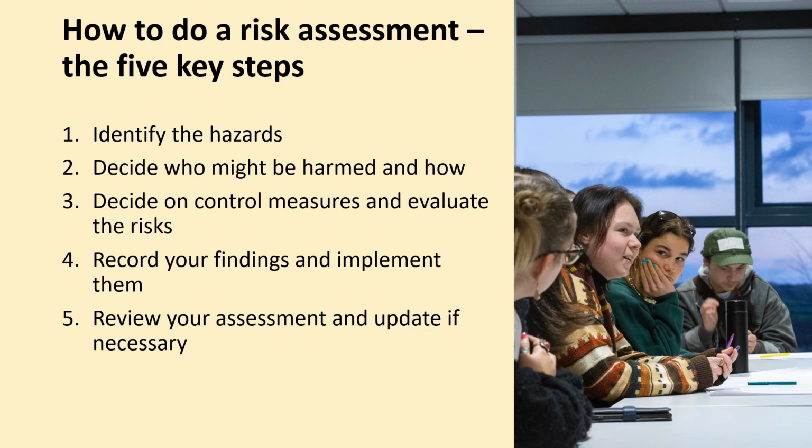Then we decide who might be harmed and how, whether that's ourselves as students or people around us. We decide on control measures and evaluate the risks. We record your findings and implement them, and then we review your assessment and update if necessary.